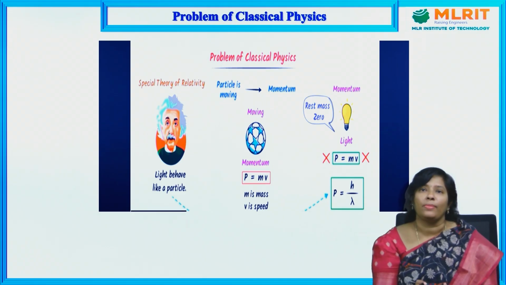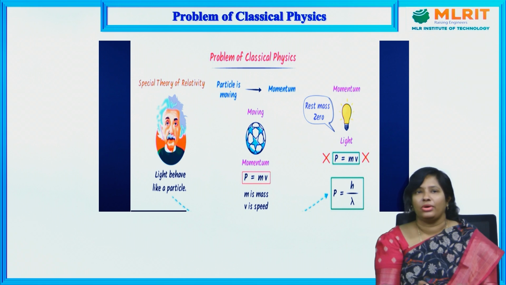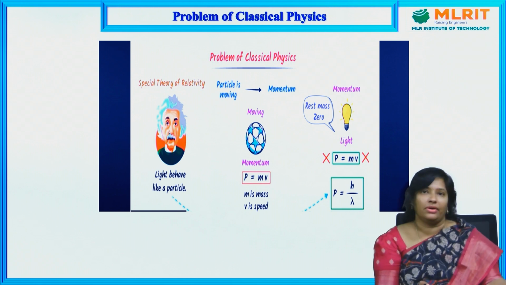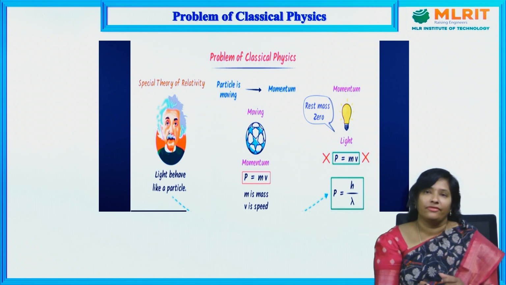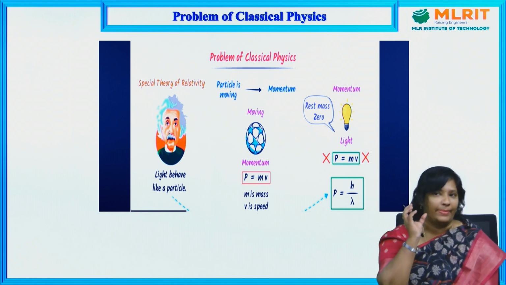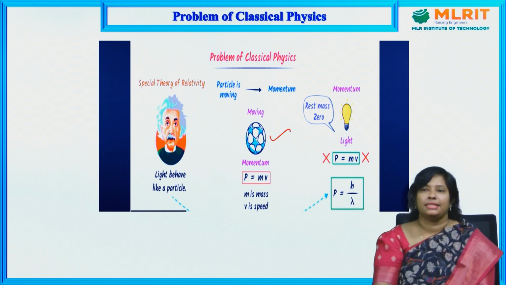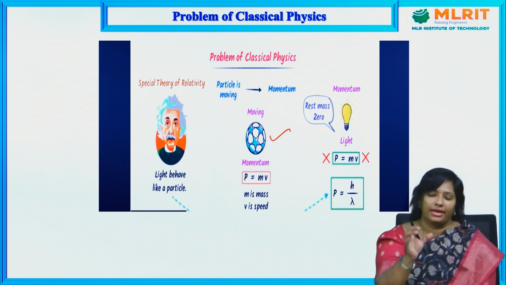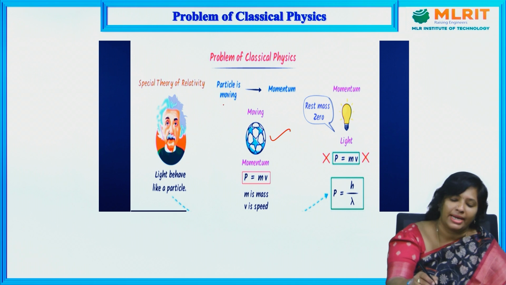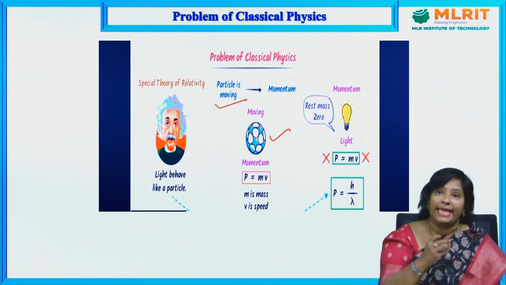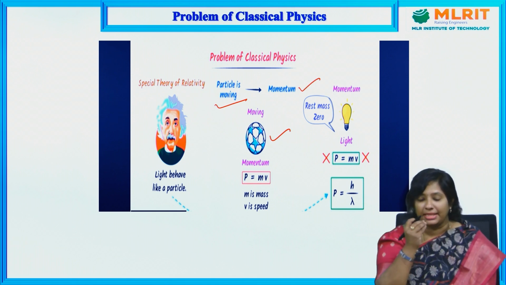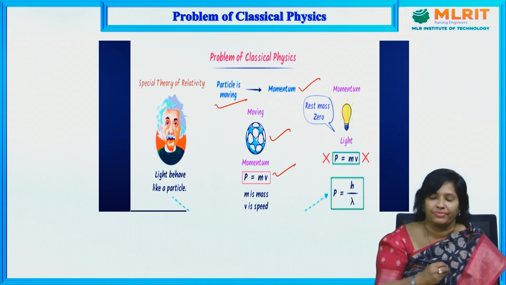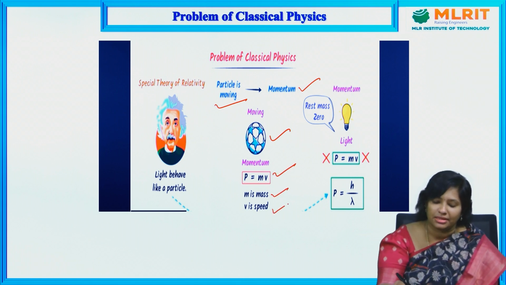Next, move to the problem of classical physics. According to Einstein, he noticed the problem of classical physics. Let us see the problem, for which consider a particle like a ball. He noticed that a particle under motion possesses some momentum, that is p = mv, where m is the mass and v is the speed.